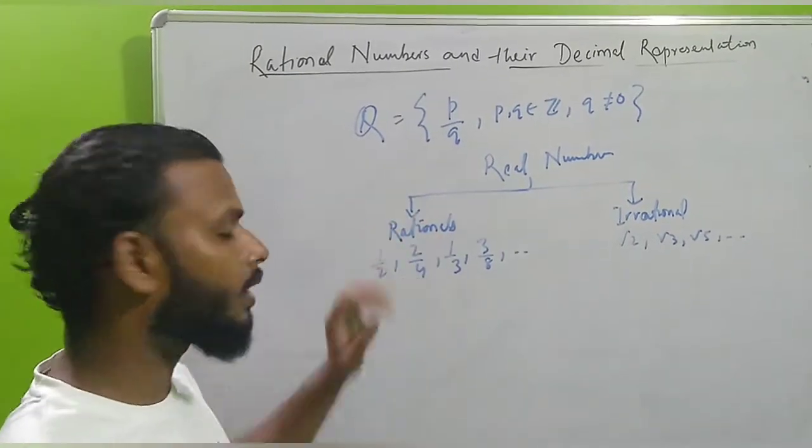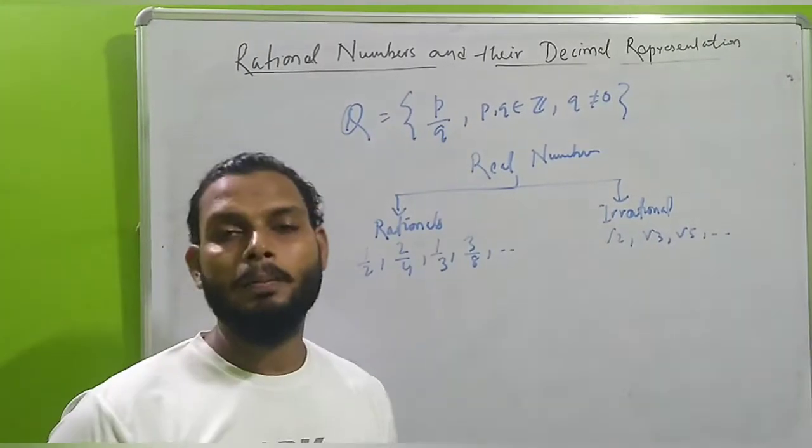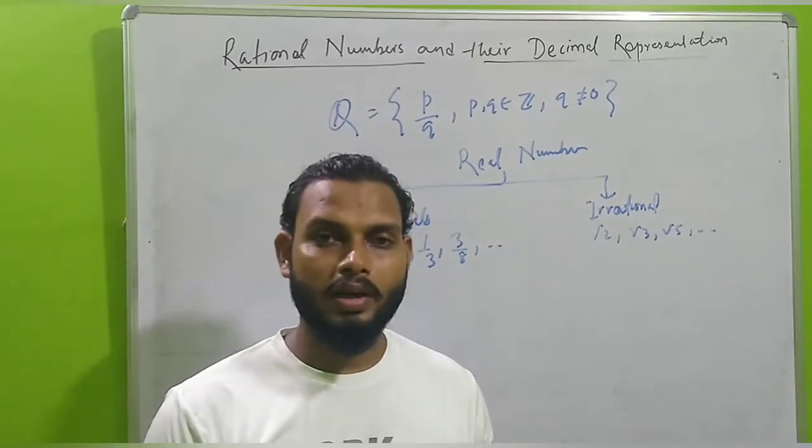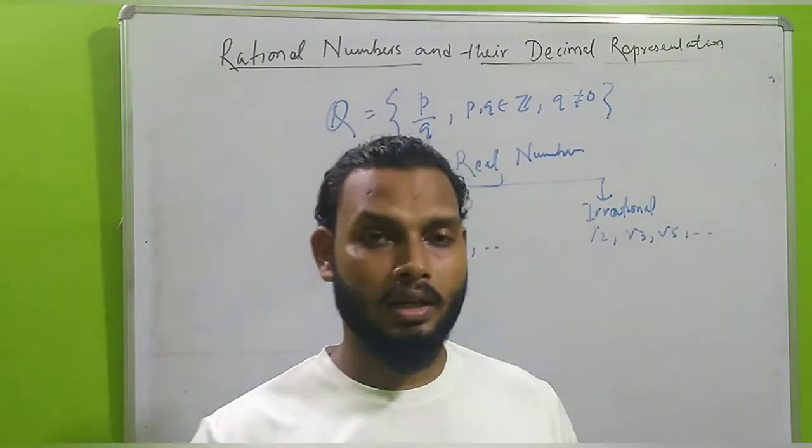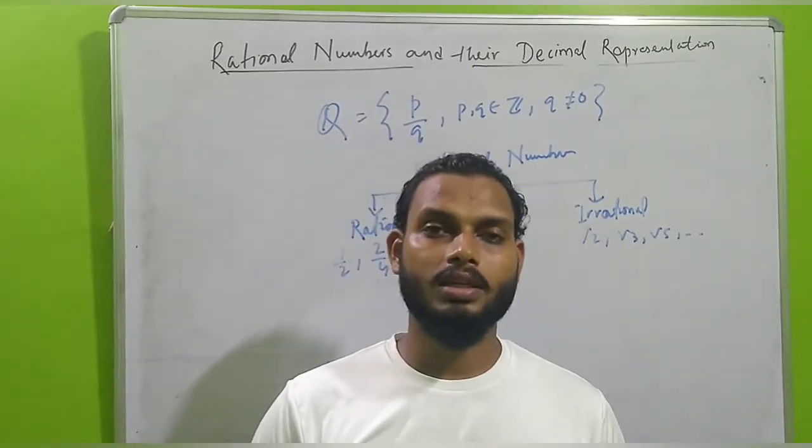So a rational number means it is given in the form of P by Q. Also I can say the decimal representation of any number is a rational number if it satisfies some properties.